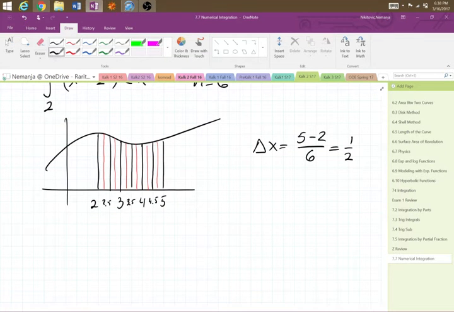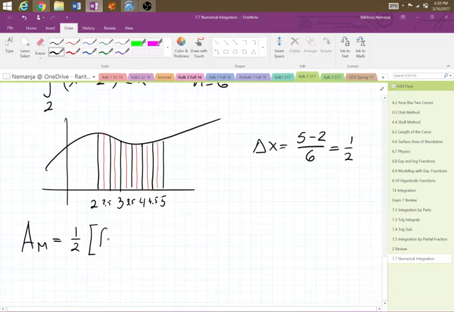So what do I have? Area computed with midpoint is delta x, which is 1/2, and then function computed at 2.25, and then plus half on each one until you run out.